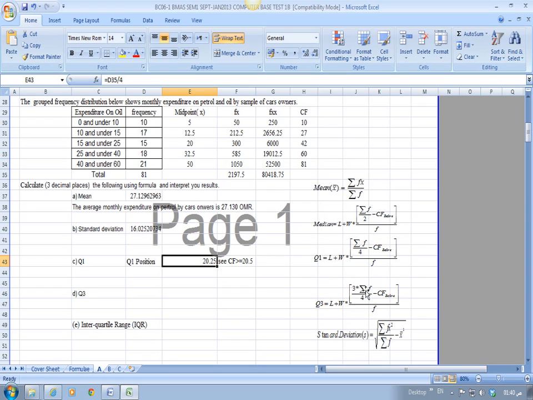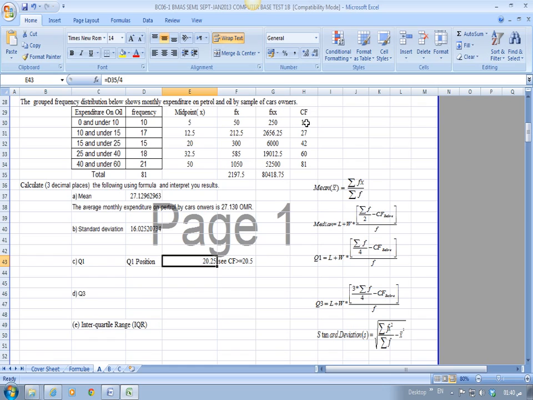For the third quarter we multiply by 3 and divide by 4. The total of the frequency is 81. So 81 divided by 4 gives me 20.25.